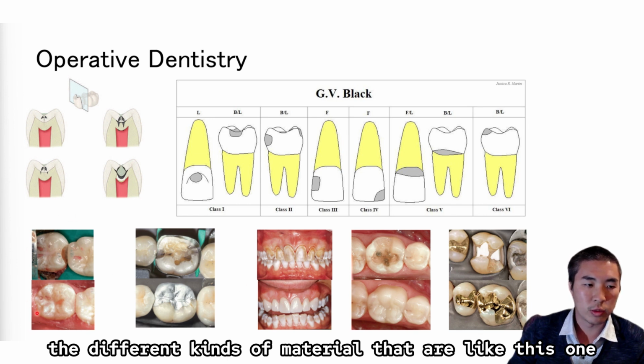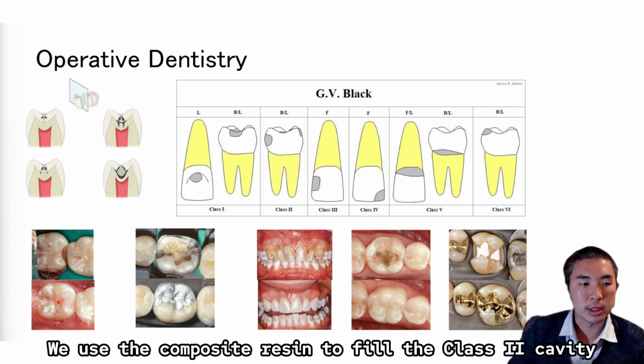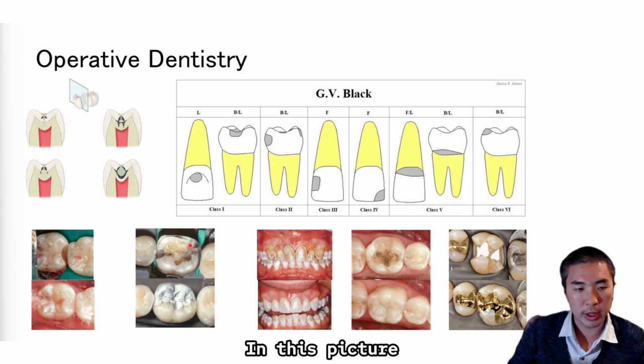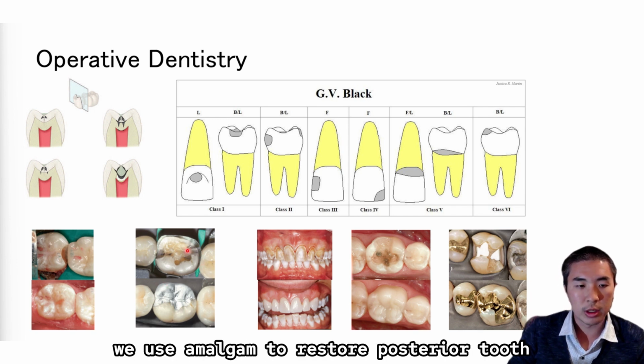Like in this one, we use composite resin to fill a class 2 cavity, and in this picture we use amalgam to restore a posterior tooth.